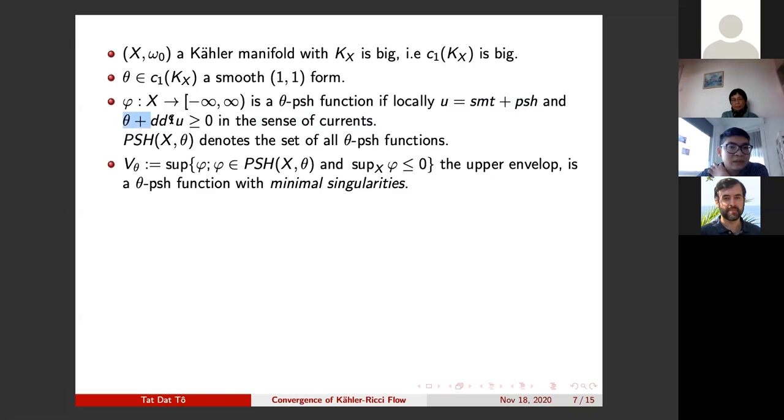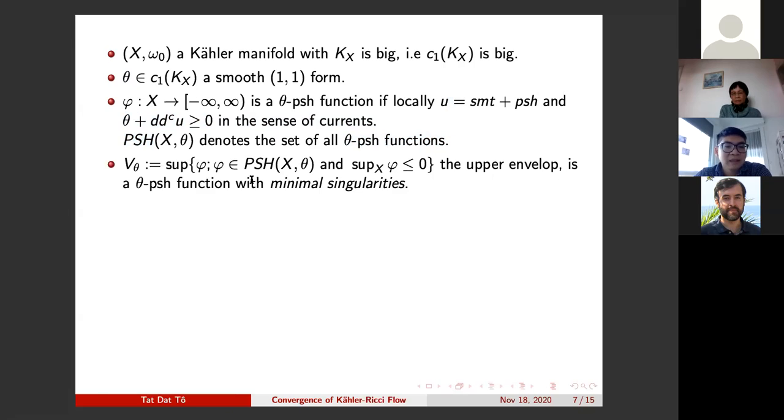So for example, if theta is a Kähler form, this condition says that we have a semi-positive form in a Kähler manifold. But in our case, theta is not Kähler, so this is in the weak sense. We will denote PSH(X, theta) the set of all theta-PSH functions.